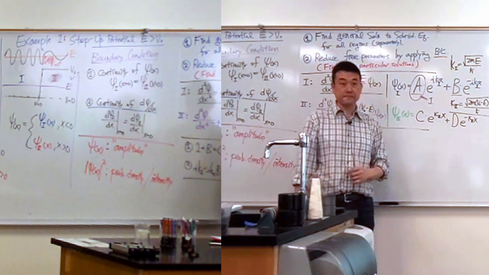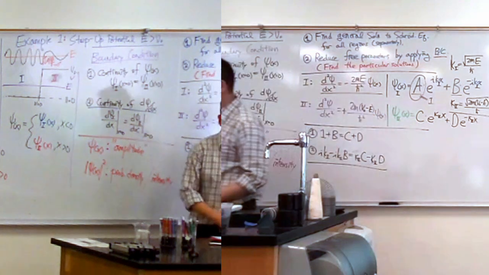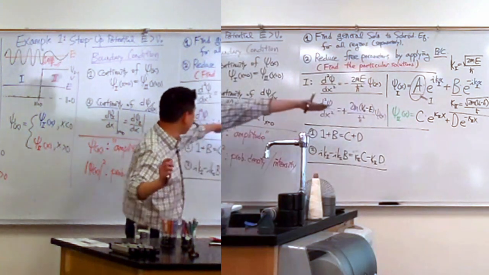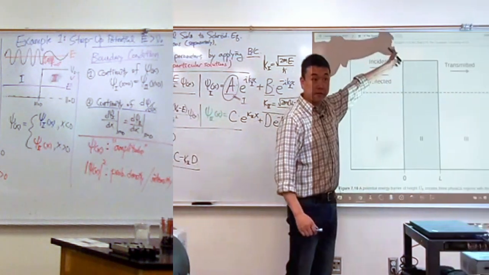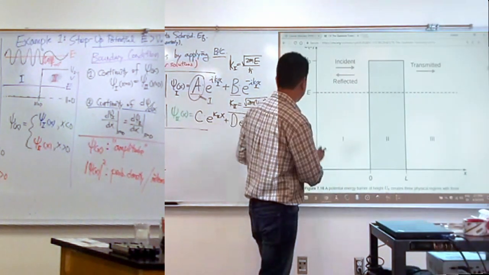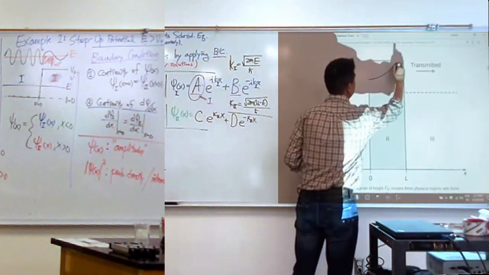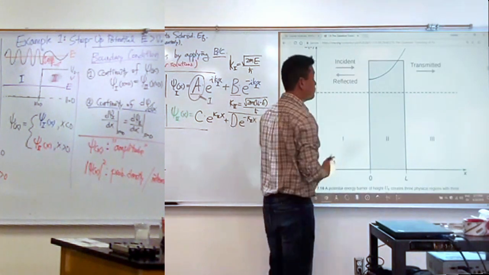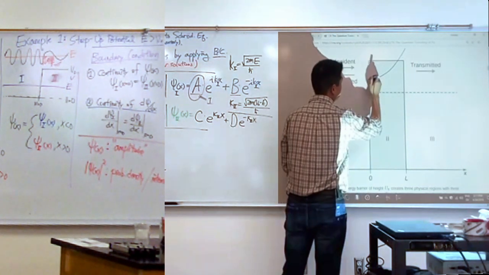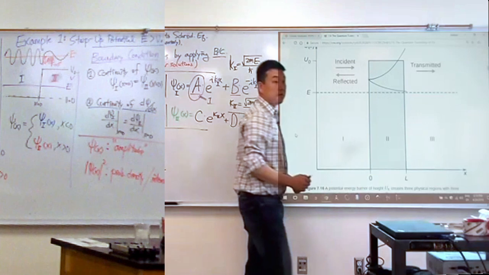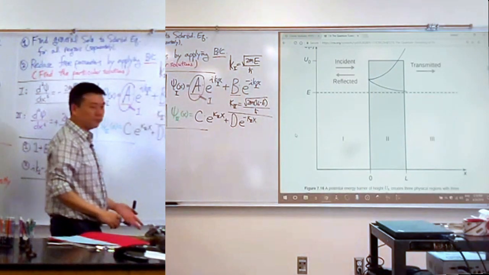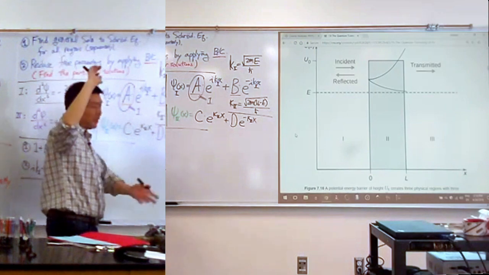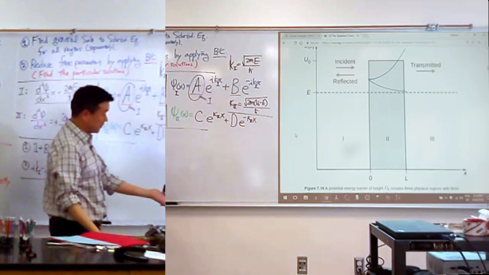Why C? Because it's not going to increase. So you know these wave functions start at the barrier, x equals 0. When you look at the term that goes with the C, it looks like an exponential increase. When you look at the term going with the D, it looks like an exponential decrease. So whichever wave function it is, you don't want it to blow up to infinity because you cannot normalize something that blows up to infinity.